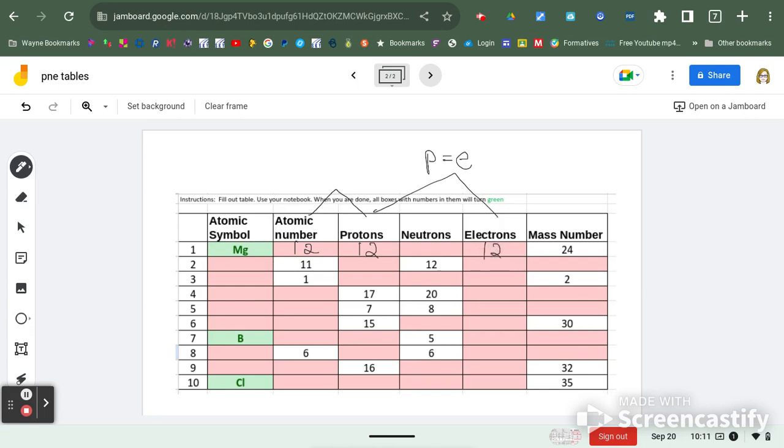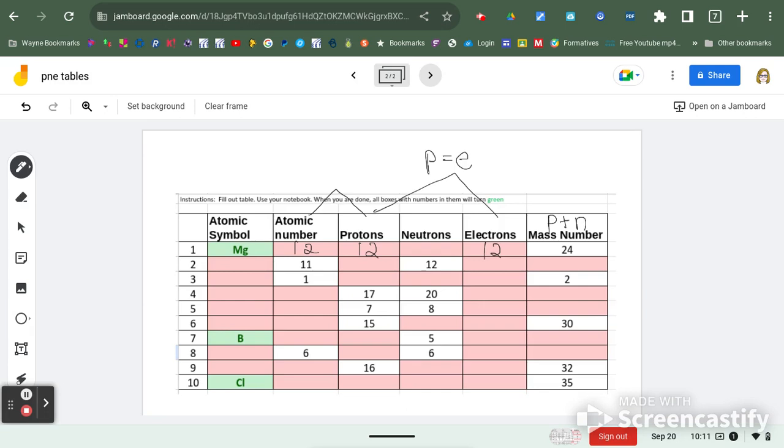The mass number includes the particles that have mass, and we learned that the protons and the neutrons are the particles that have all the mass. The electrons are negligible mass, so they are not included in the mass number.